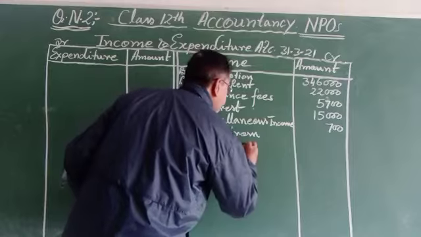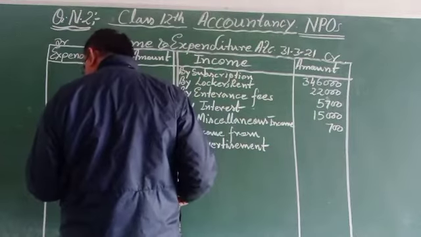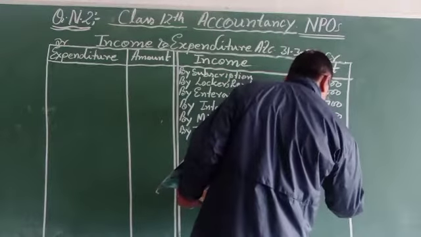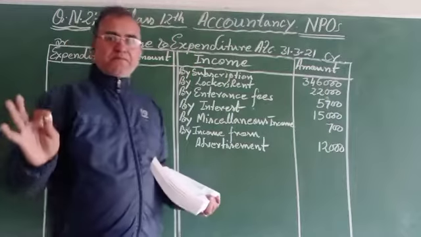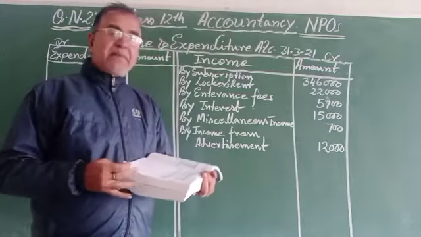The amount given is 12,000. That is the receipt column finished.